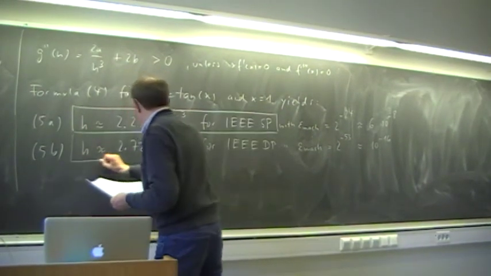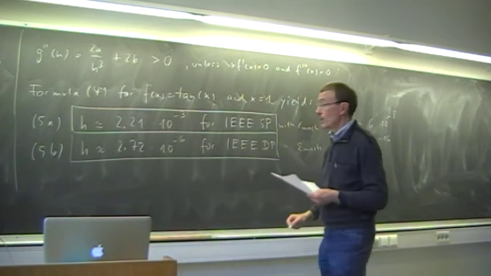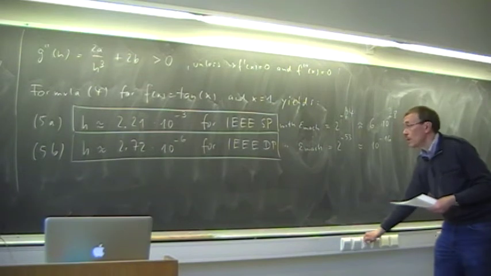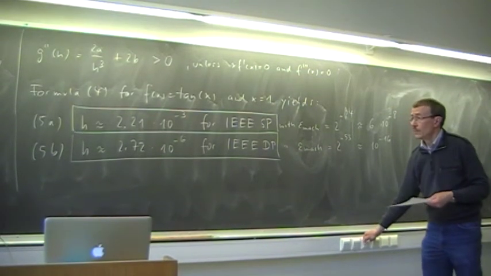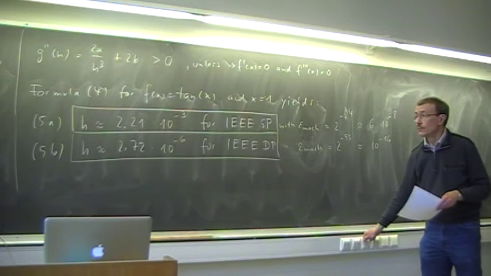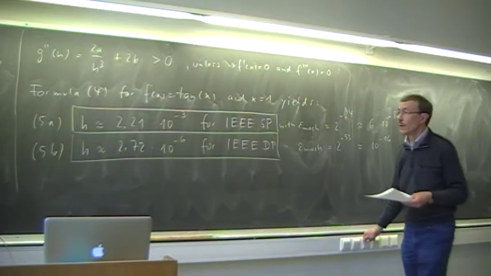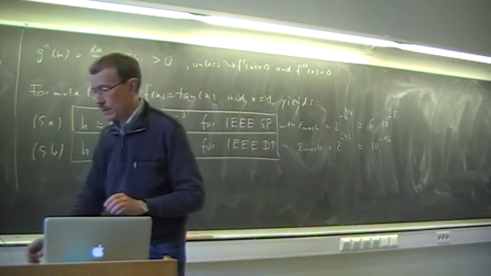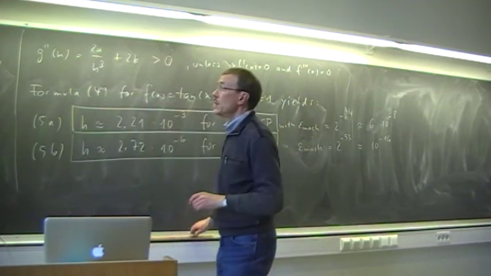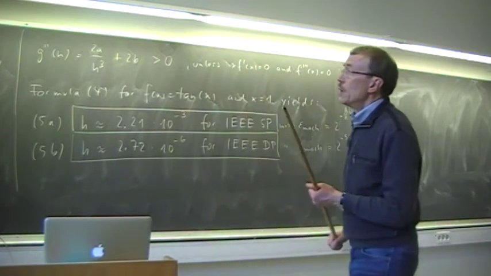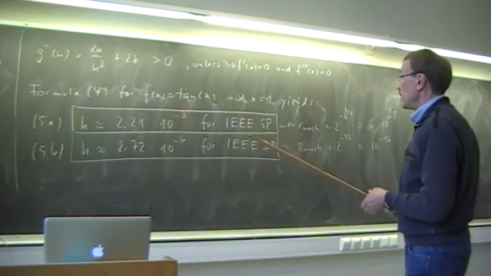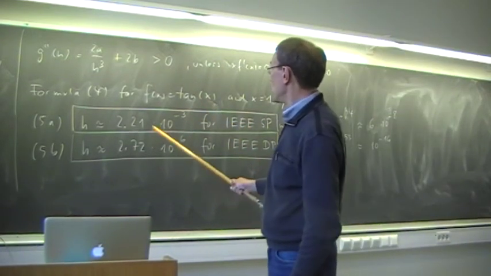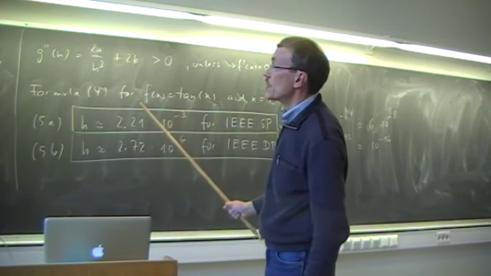Then we can check how well that is in agreement with what we observed in the computation in exercise 1. So let's take the single precision first. It's 2.2 times 10 to the minus 3.